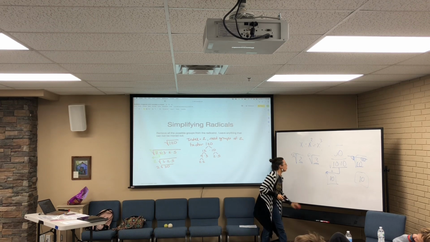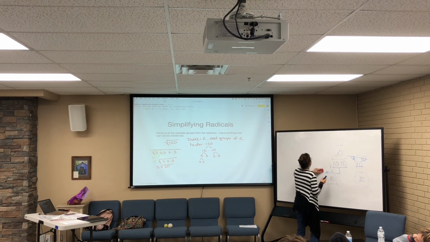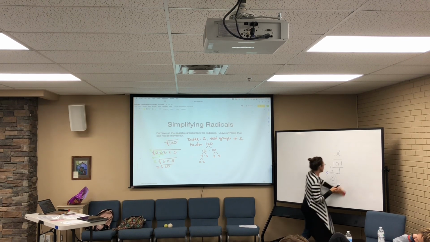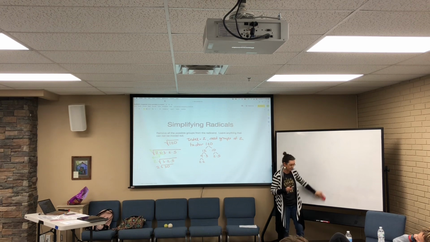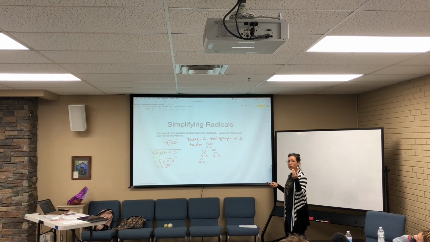Okay. When we are simplifying them, simplifying means we're going to take out everything that we can possibly take out. So in this case, I've got square root of 120. It means I need groups of 2 of the same number.